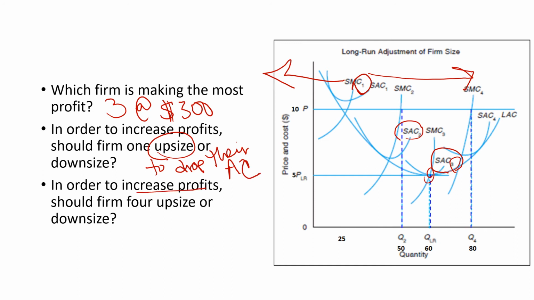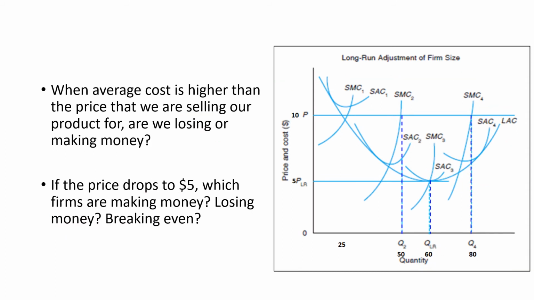In order to increase profits, should firm 4 upsize or downsize? Well, the average cost for firm 4 is higher than the average cost for firm 3, so they want to downsize closer to the production level that firm 3 is operating at. Couple more questions.